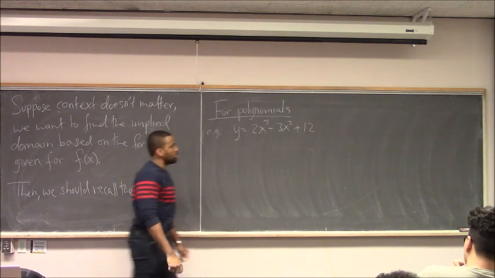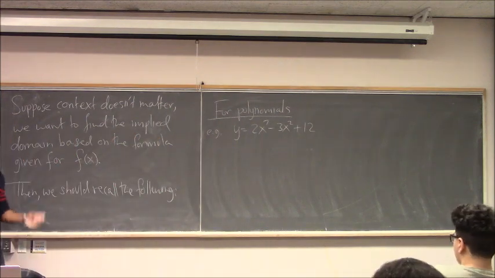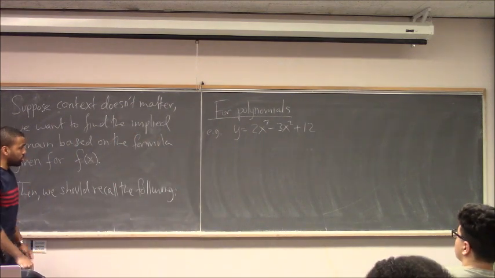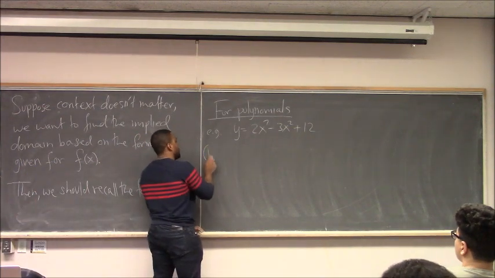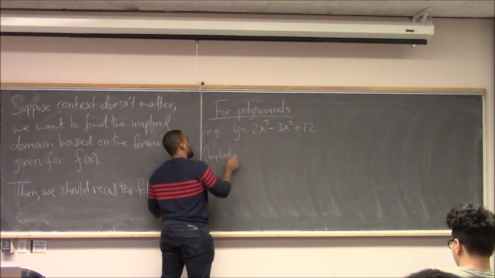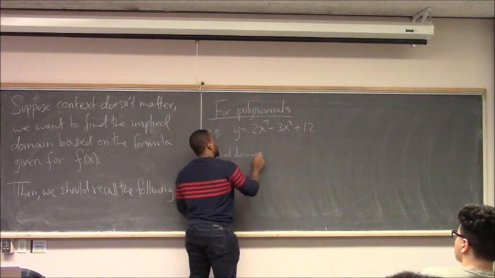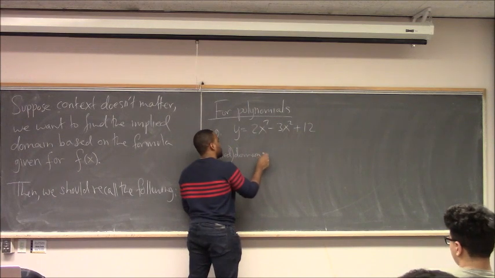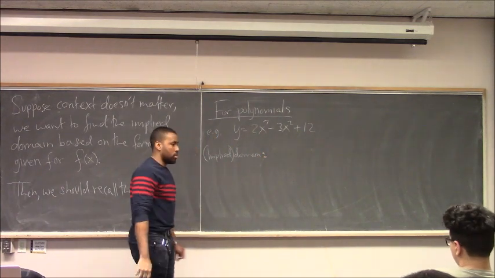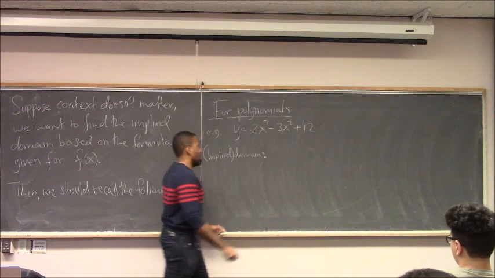We intuitively know what a polynomial is. I believe I defined it specifically for you before. But for polynomials, what is the implied domain? All real numbers.